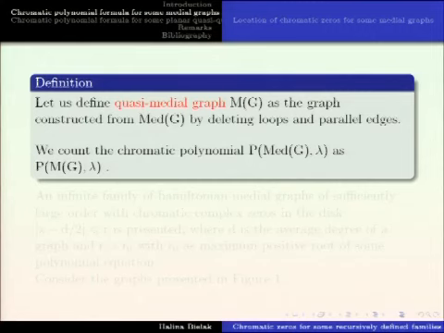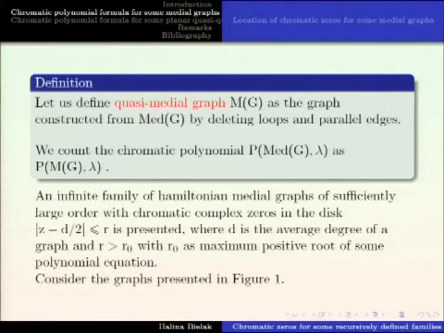We are now interested in the chromatic polynomial of the quasi-medial graph, and I would like to present a family of Hamiltonian medial graphs of sufficiently large order with chromatic zeros in some disk, where D is defined as the average degree of a graph.